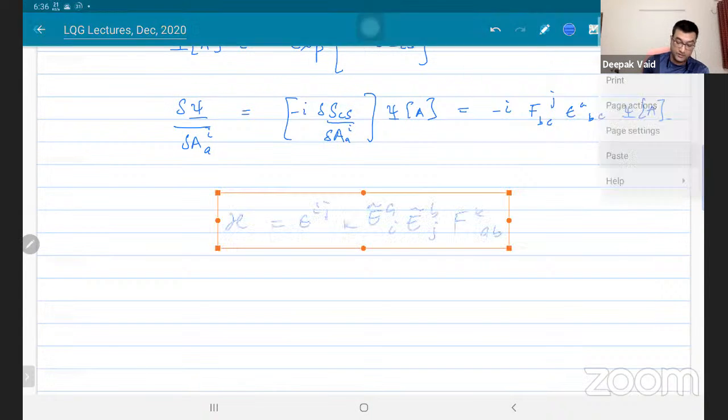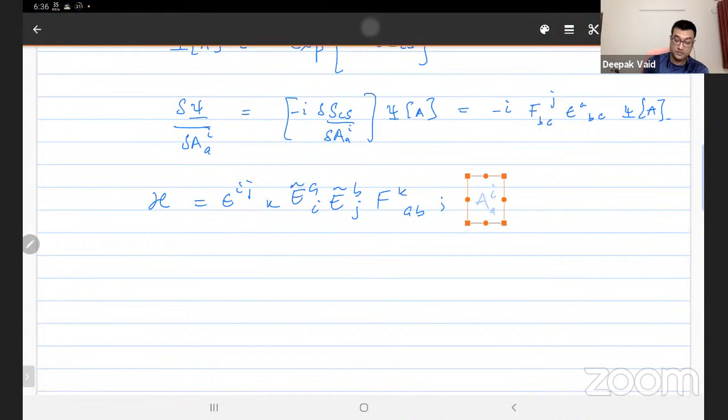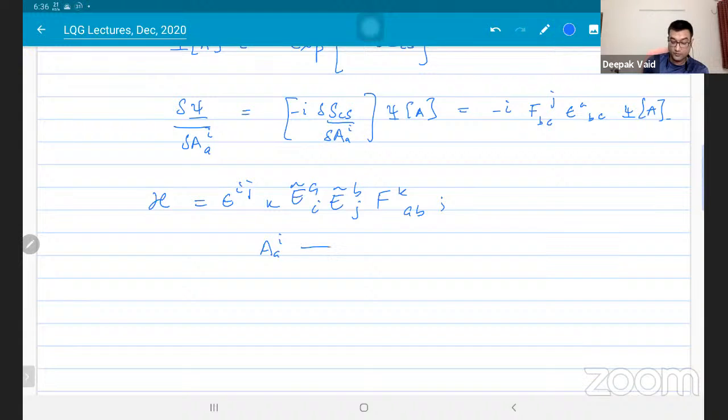If I write this as an operator, with the naive quantization, my connection goes over into an operator whose action on this is just like the quote unquote position operator.